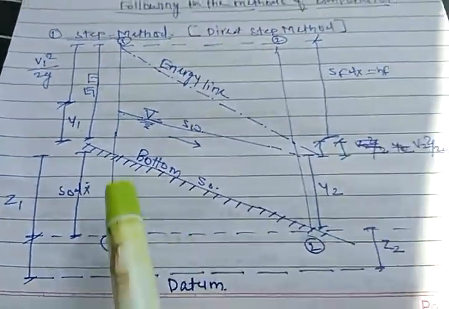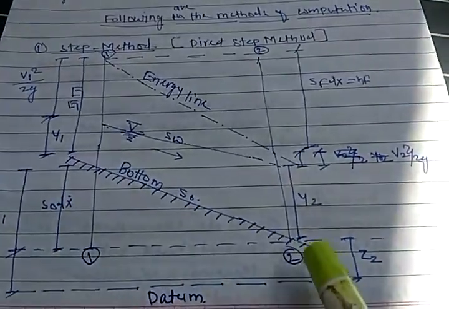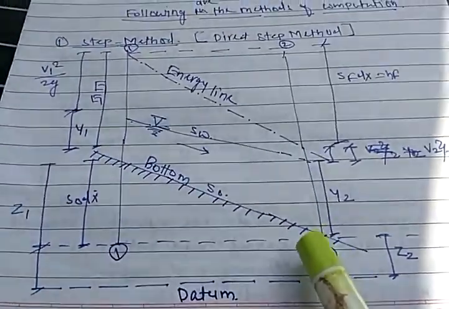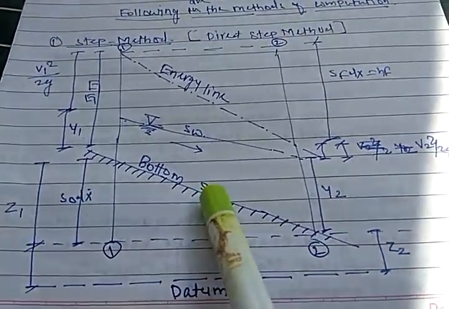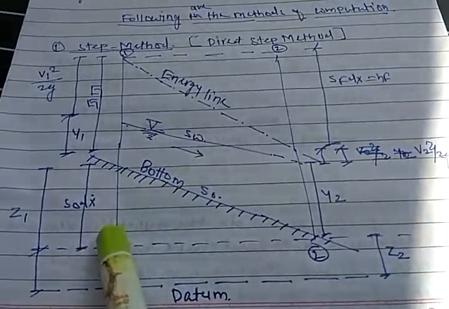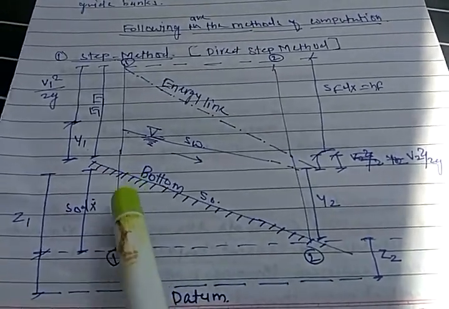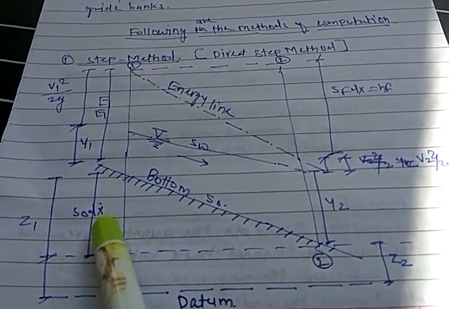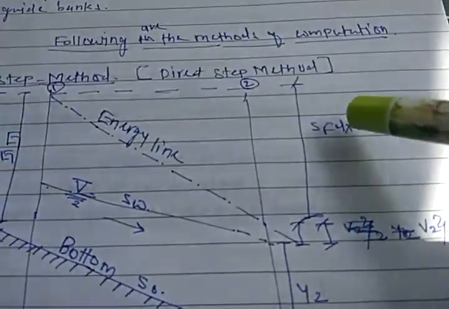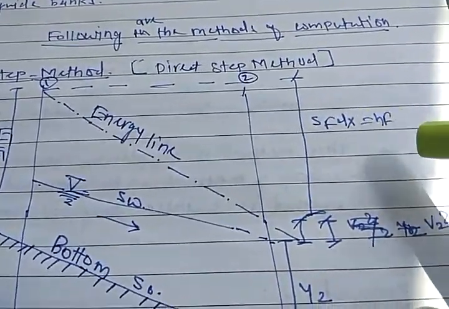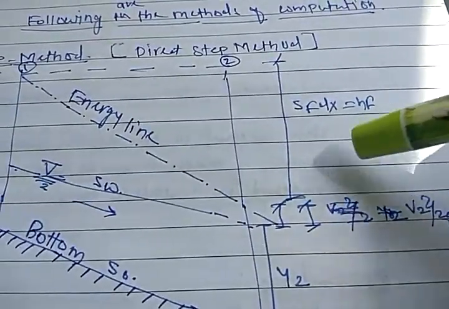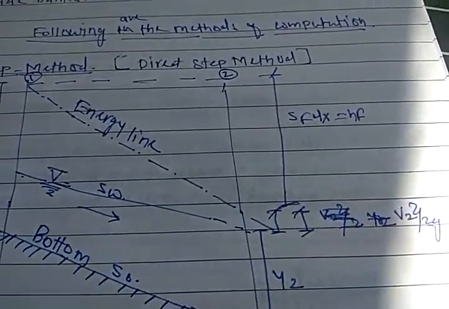On this side, the bottom length being considered here is dx, and S0 is its slope. So this height, z1 minus z2, will be S0 dx. The difference between energies of section 1 and section 2 is SF dx, and that is equal to hf.